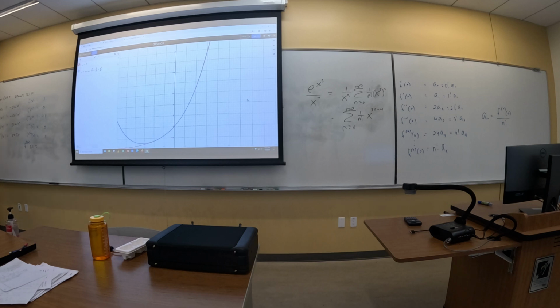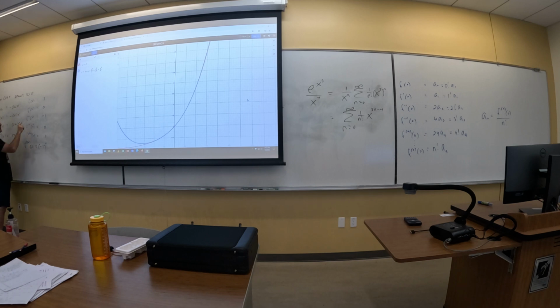Well, let's see, when n is 0, when n is 1, when n is 2, negative 1 to the n. Good. Everybody catch that? I'll do it again. This is what we call pattern recognition. We're figuring out a pattern. Clearly, only the evens are going to show up in my answer.